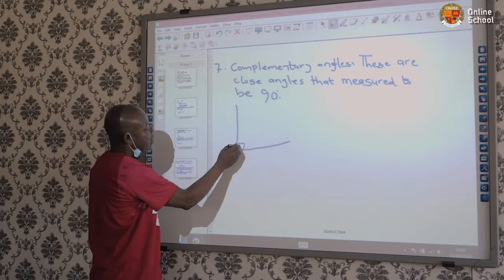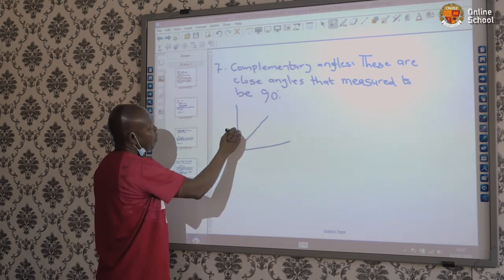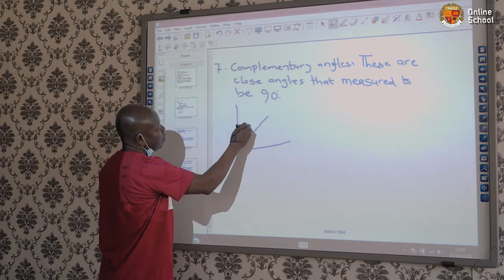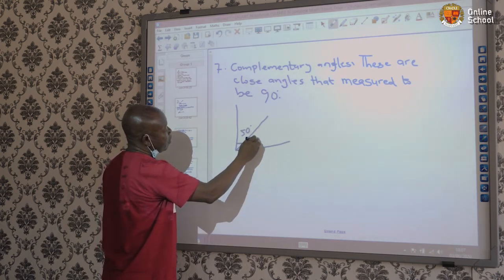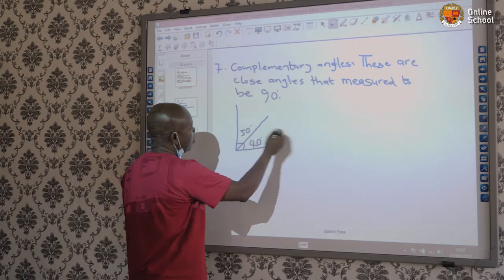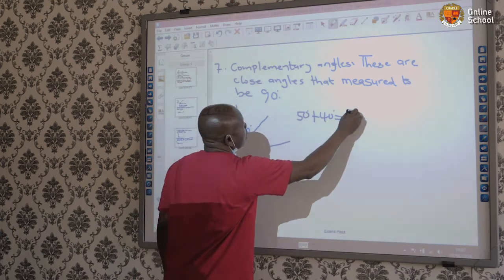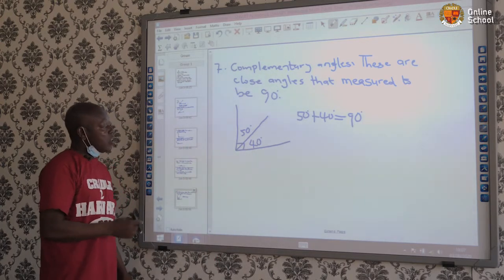When you divide it like this, so you have 50 degrees, 40 degrees. When you sum up these close angles, it gives you 90. So these two angles are complementary angles.